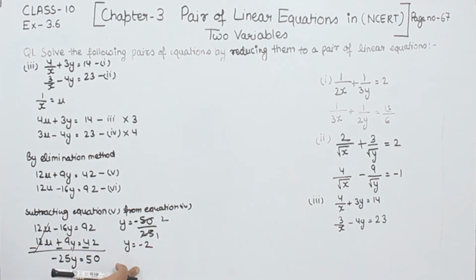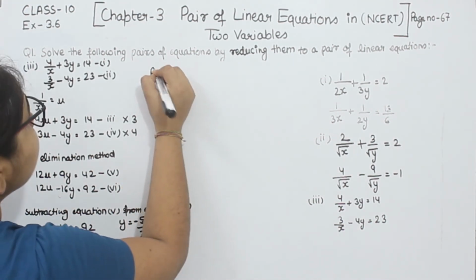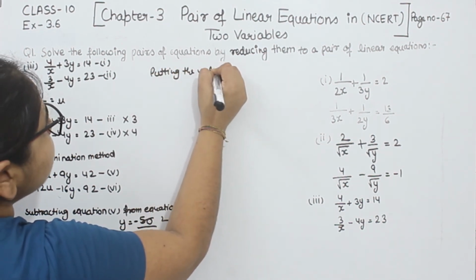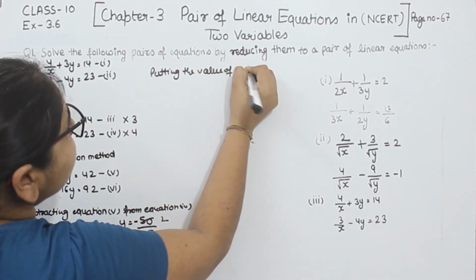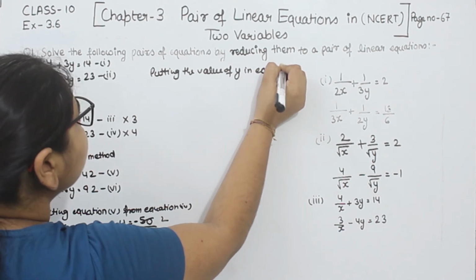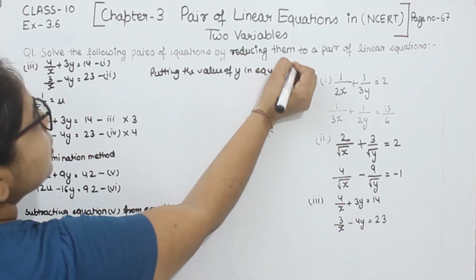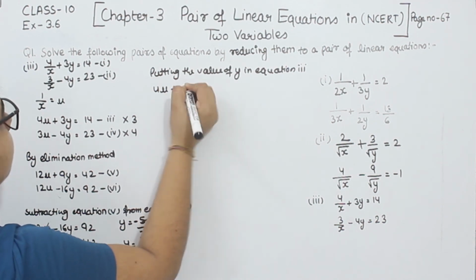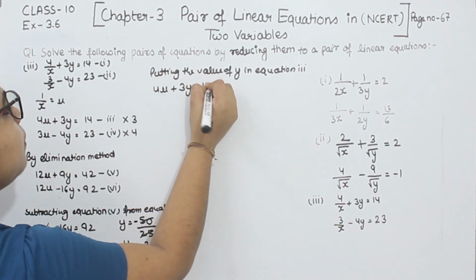So I am going to put this one in equation number 3. Putting the value of y in equation 3, we are having 4u plus 3y is equal to 14.